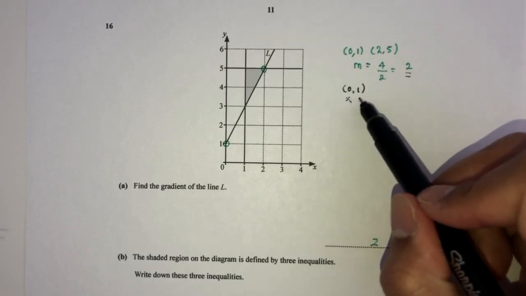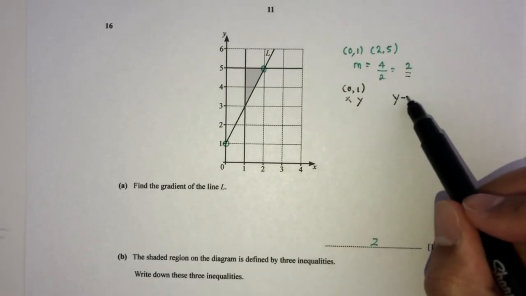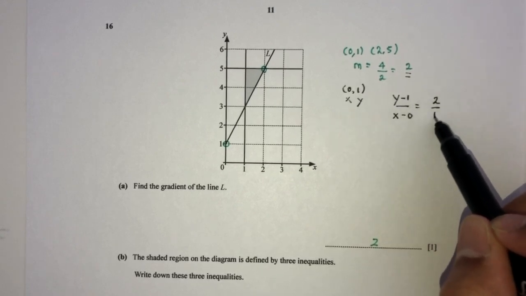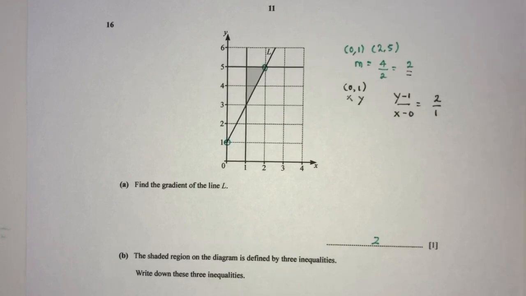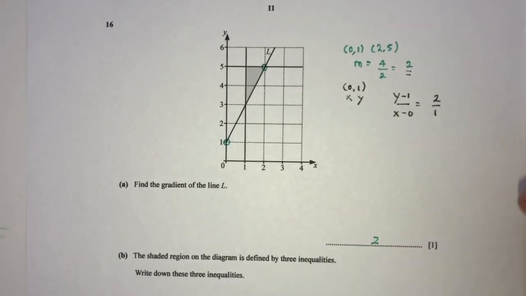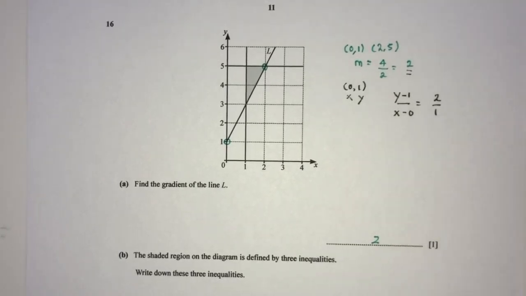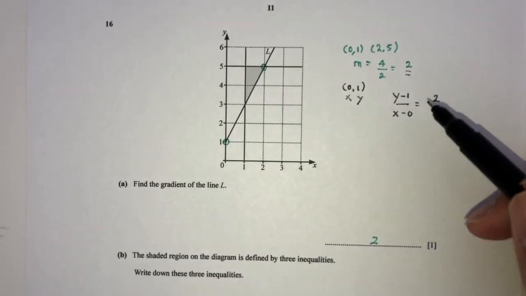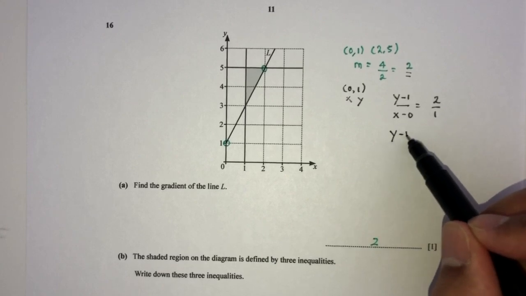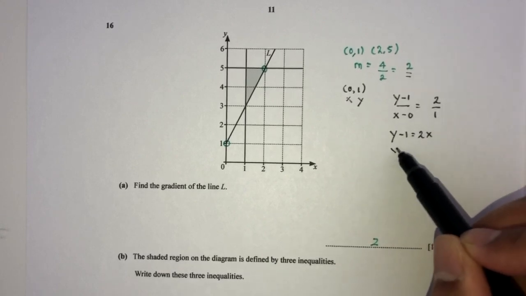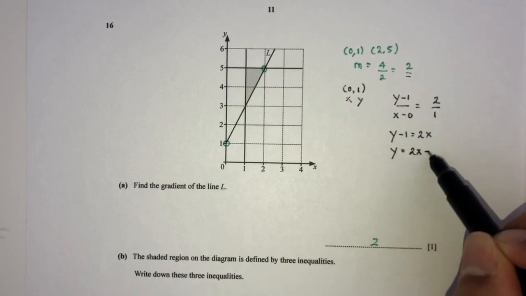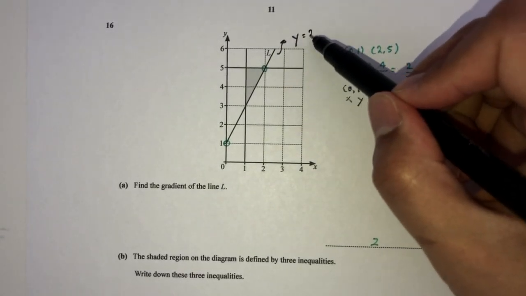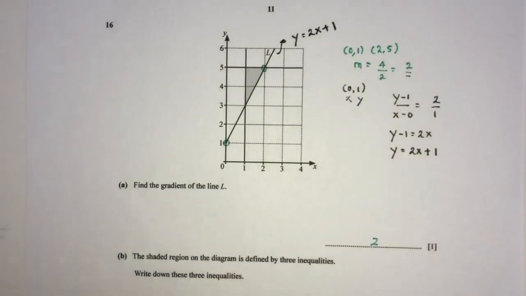This is the x value, y value, so (y minus 1) over (x minus 0) has to equal the gradient. Again, this is just a method that I use to find the equation. If you have a different method, you can always use your method as well to find the equation of line L. Cross multiply, you will have y minus 1 is 2x, y is equal to 2x plus 1. So line L is that equation, y is equal to 2x plus 1.